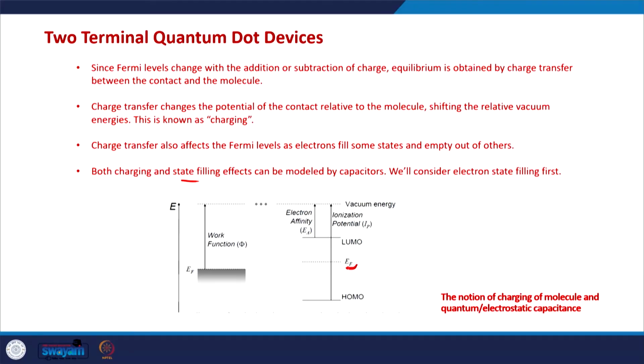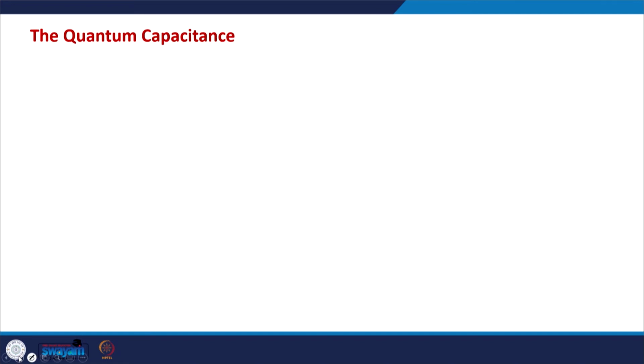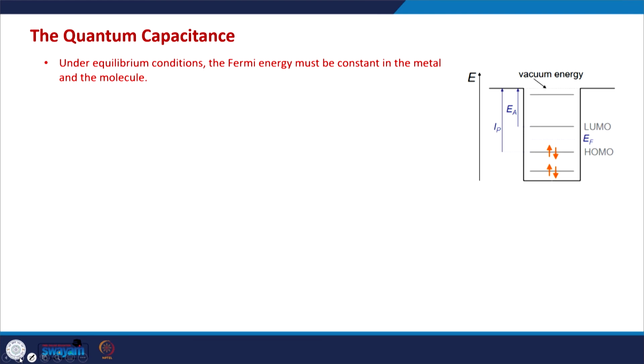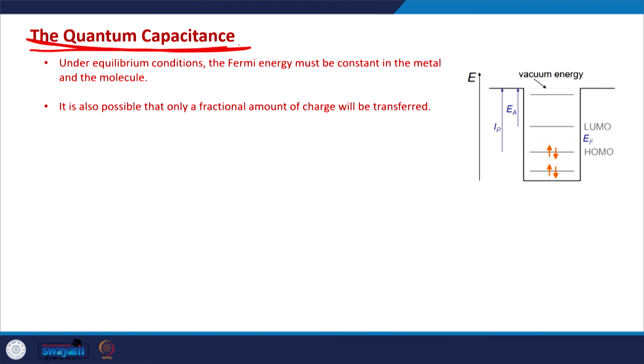So, we need to first understand how the number of electrons governs the Fermi level, and this is the notion of charging of the molecule, and from here the idea of quantum capacitance and electrostatic capacitance actually comes up. So, quantum capacitance is essentially, this idea comes from the dependence of the Fermi level on the number of electrons in a system.